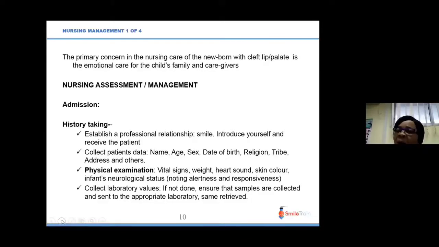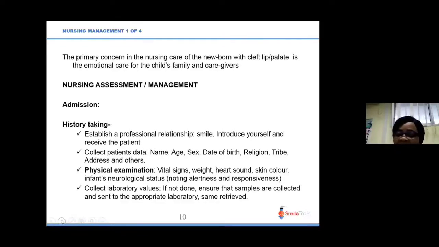You weigh because an anesthetist that is going to put this child to sleep will know the weight as to know the quantity, the dosage of drug to be given to this child. The temperature, in case the child is running a temperature, or in case the child has infection, it is detected and surgery can be postponed depending on the level.